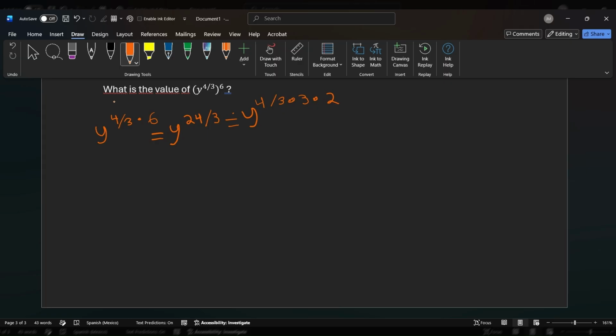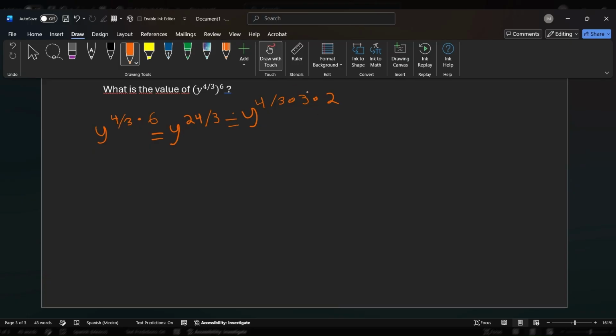But what I wanted to point out is that we have this right here, which is y to the 4/3 times 6, which would equal 24 divided by 3 on the exponent, and it would also equal, if we went another way, 4/3 times 3 times 2.